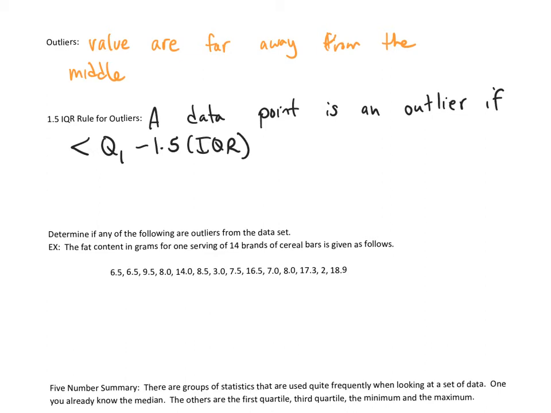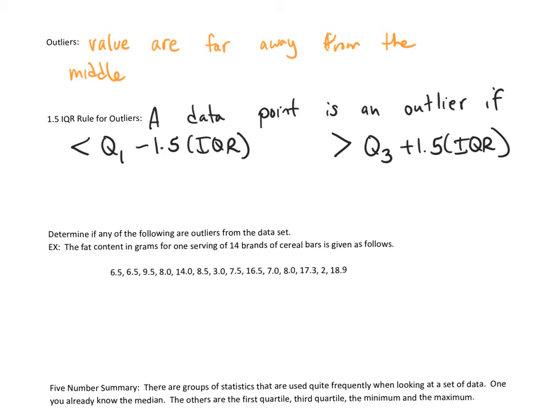So if you take 1.5 times your IQR and you subtract that from Q1, if you have a data point less than that, then we consider it an outlier. We also say, in general, if it is greater than Q3 plus 1.5 times the IQR, we would consider it an outlier. So what you'll notice for both of these is that I need the quartiles and the IQR to determine if it is an outlier.